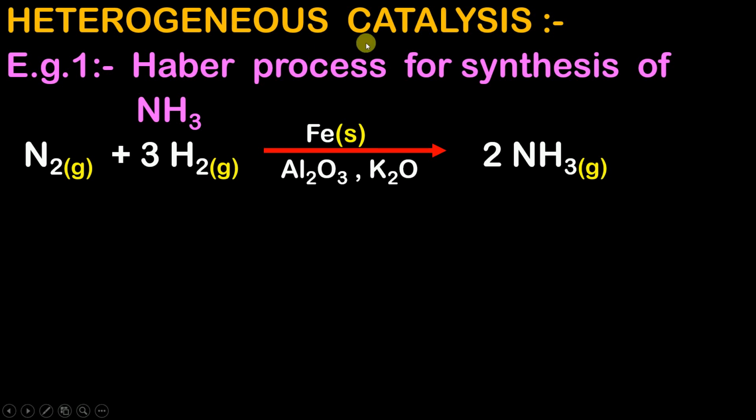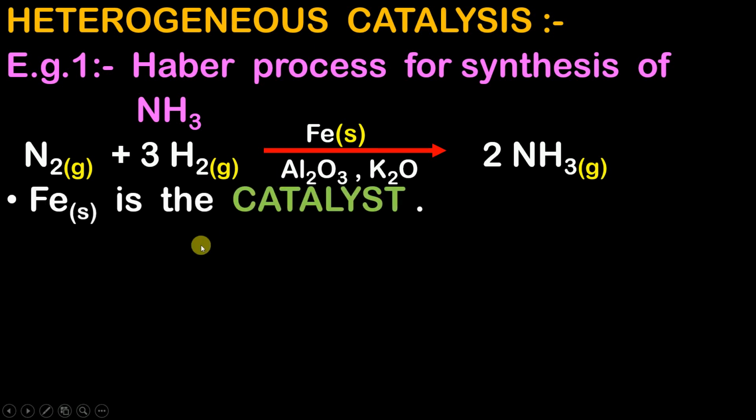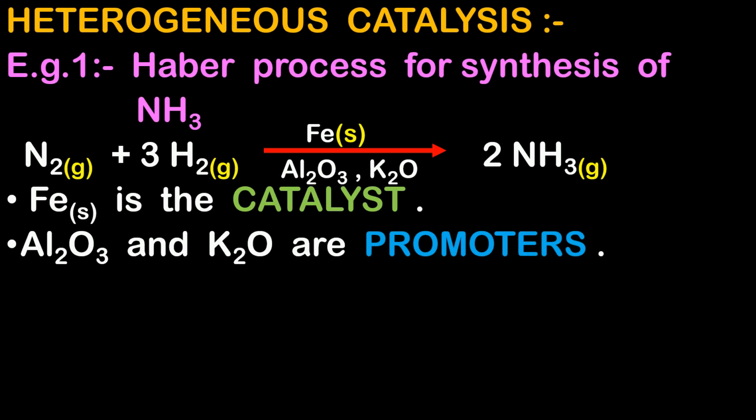Now we know that here Fe is the catalyst, but what are Al2O3 and K2O doing over here? These Al2O3 and K2O are nothing but promoters. What is the meaning of promoters? When you add Fe to the reactants, the job of the Fe is to increase the rate of the reaction. But Fe is not able to increase the rate of the reaction significantly.